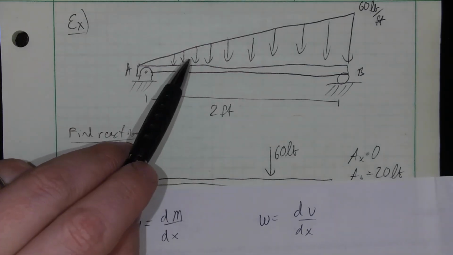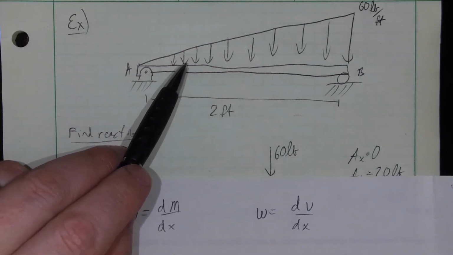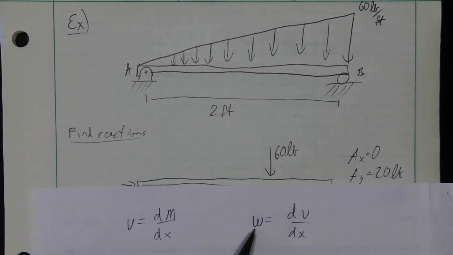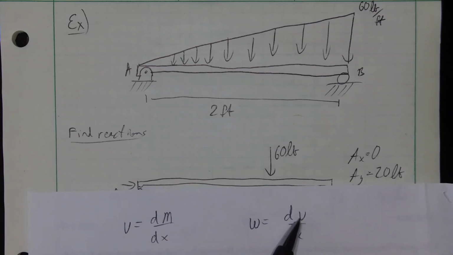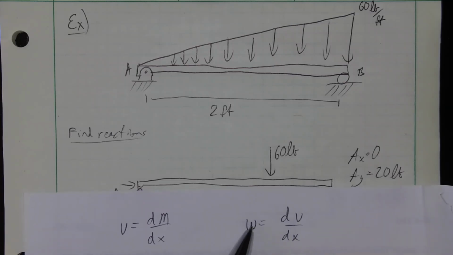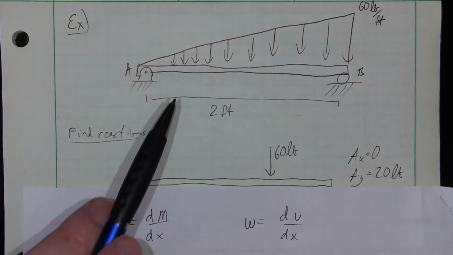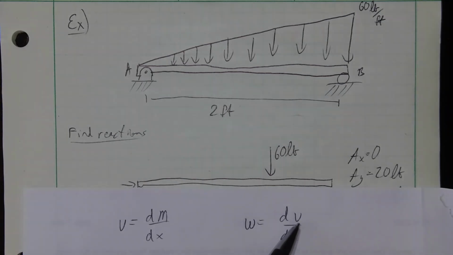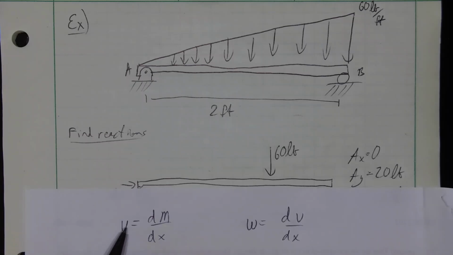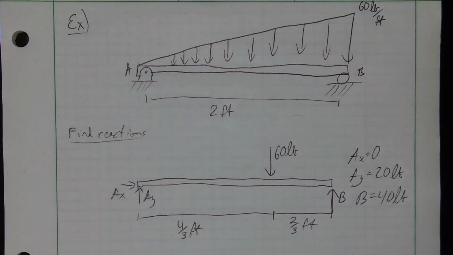I've got a linear distributed load. So that means the shear is going to be a second order polynomial, because this is a first order polynomial. This is a linear equation here. So the shear is going to be a second order polynomial, and the moment is going to be a third order polynomial, because the derivative of the third is going to give you a second order polynomial. So I will have curved surfaces for both of those.